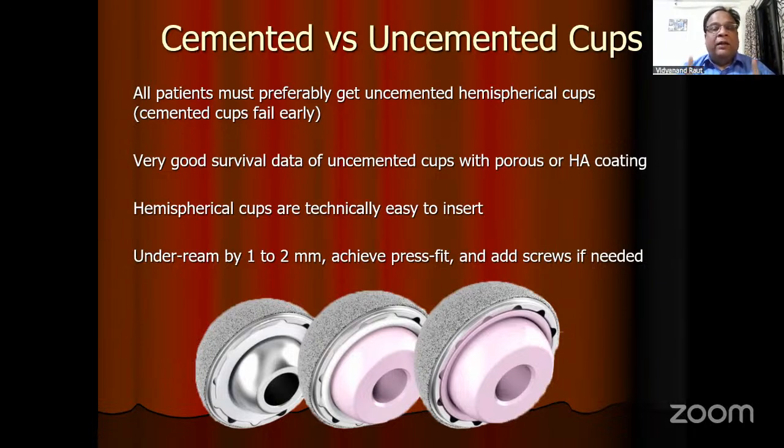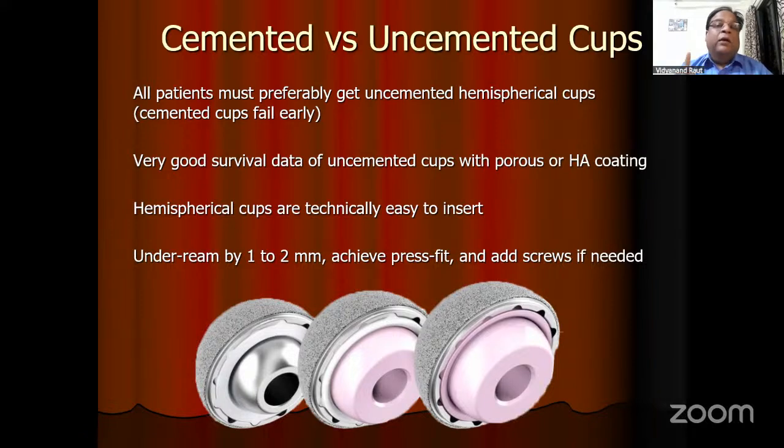And you get a catch in the anterior and posterior column. The size of the cup is decided by the distance between the anterior and posterior column, not superior-inferiorly. Superiorly, it automatically will fill in primary situations.